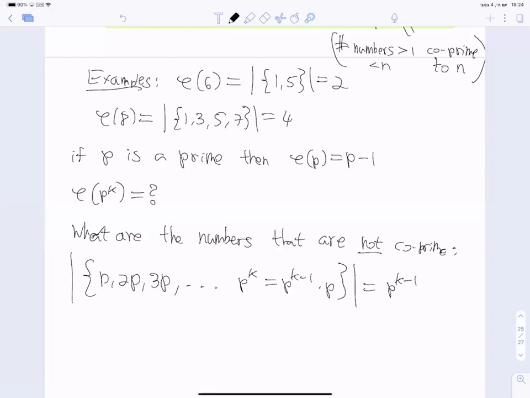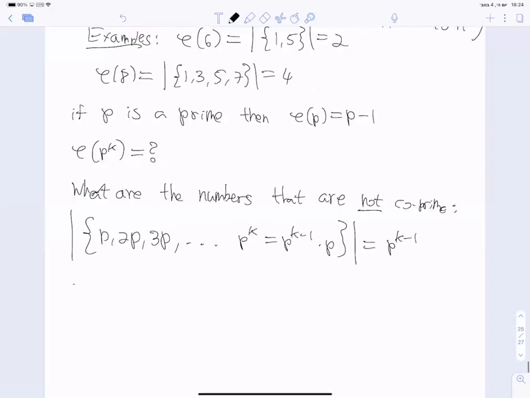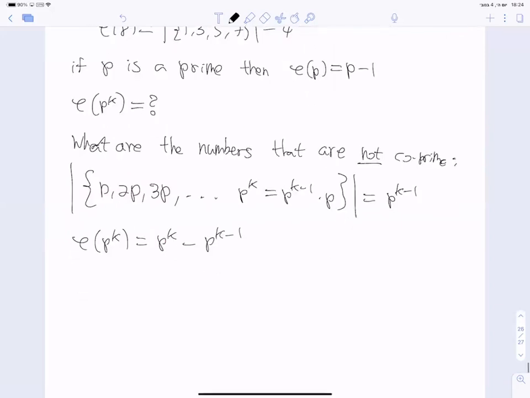So if you remove these, you get that phi of P to the K is P to the K minus P to the K minus 1. For example, what is phi of 8? This is phi of 2 to the power of 3, so it is 2 to the power of 3 minus 2 to the power of 2, which is 4.